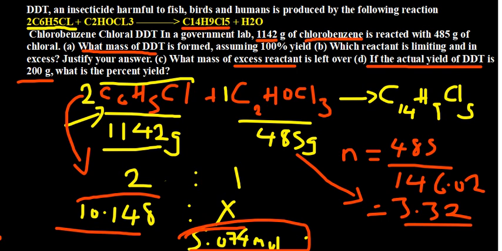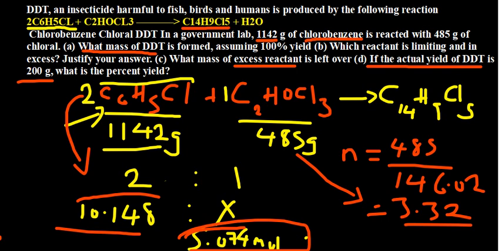Meaning that chloro is going to finish up faster, because what is required is 5.07 moles, but what is available is only 3.32. So it's going to finish before the chlorobenzene is done. So in this case, we can conclude that chloro is actually the limiting reagent. So all the calculations determining what is formed, we are going to be working with chloro.